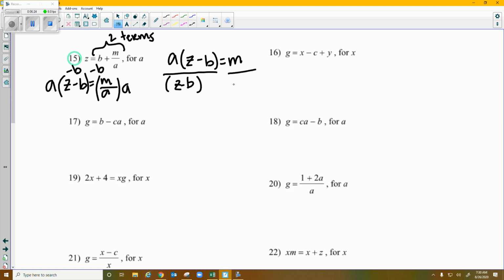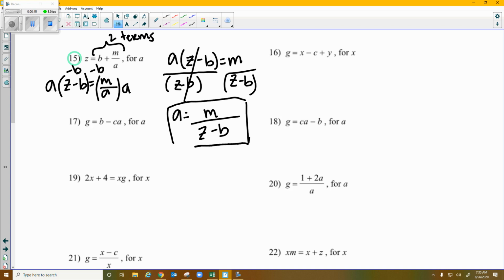So C minus B divided by C minus B. And you get your A isolated. M over C minus B. All right, so that is your answer.